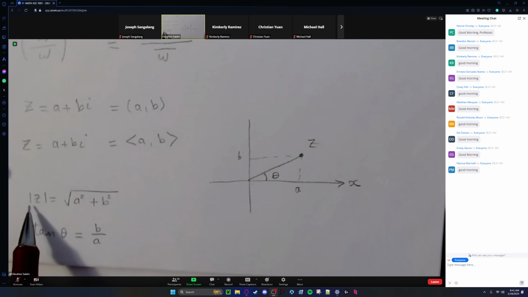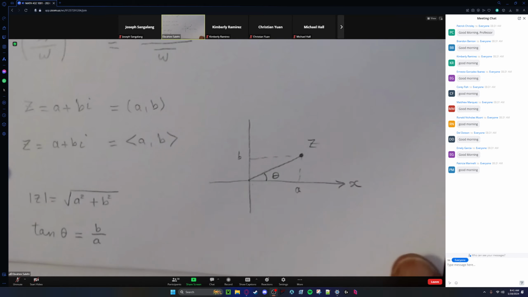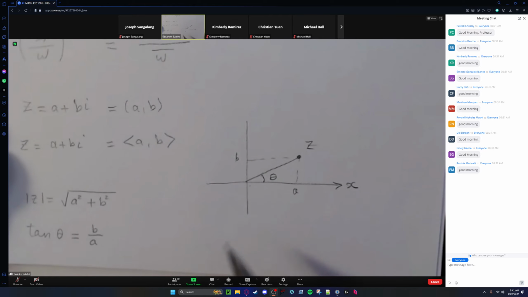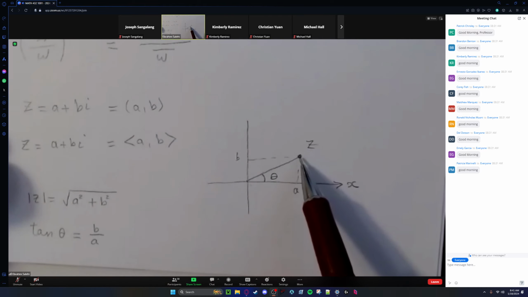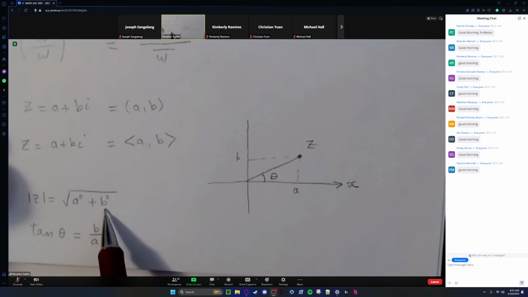Well, taking the modulus of z is a new concept, like that conjugation. You have a complex number, and the modulus of that complex number is right here, okay?